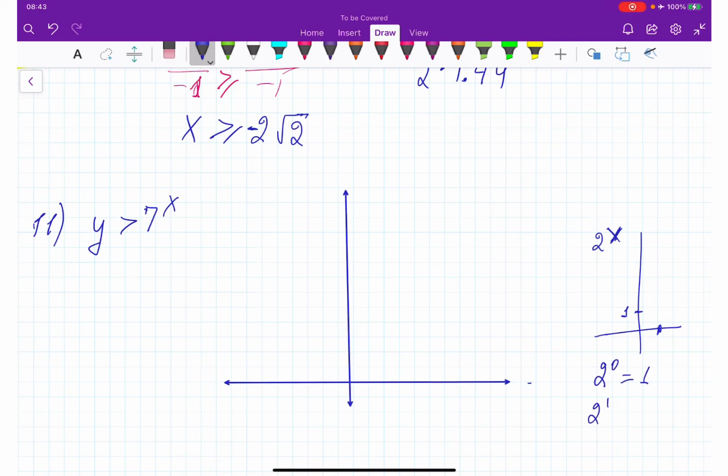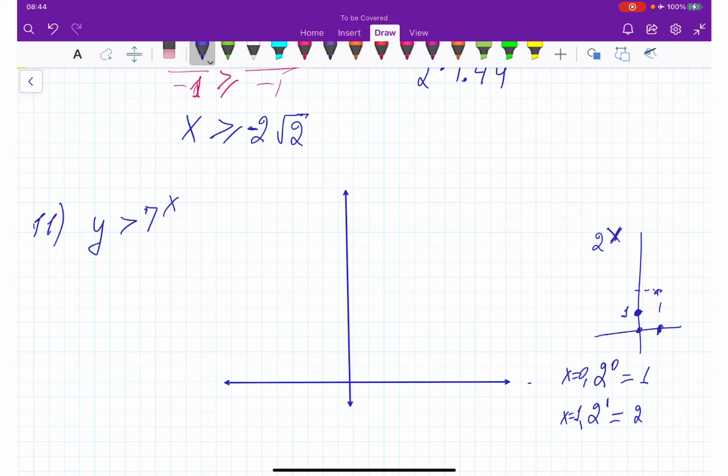And 2 to the power 1, when x is equal to 1, is equal to 2. So when x is 0, y is going to be 1, and when x is equal to 1, y is going to be 2.